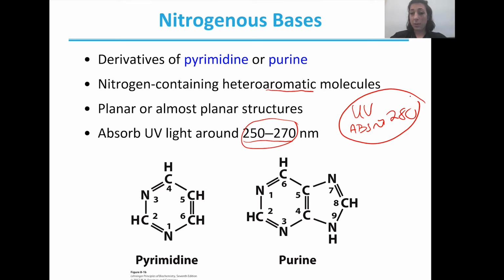Nucleotides, again, are going to absorb around 250 to 270. So if you have a sample, you can look at your 250 to 270 range and decide how much DNA and RNA and nucleotides you have in a sample. And then you can look at your 280 absorbance and decide how much amino acids or protein you have in your sample. This is a very common technique.